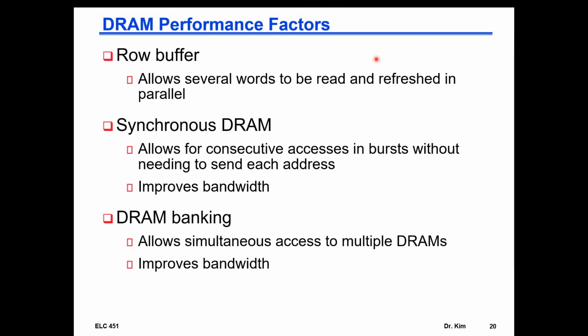Another thing that you can do to improve bandwidth is banking and interleaving. So we're going to take a closer look at that one because these two refer to the actual architecture and construction and circuit design inside the chip, but the banking and the interleaving has to do more with how we use the actual DRAM chips, how we use them on a board or in a module.